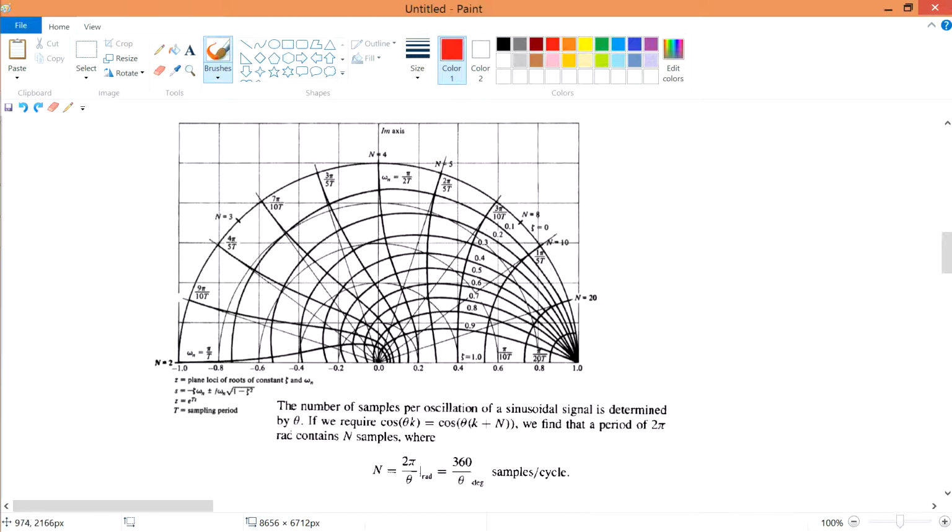So this red, maybe I should use a different color. This thing over here, all these lines that come out from here, all of these are your natural frequency.